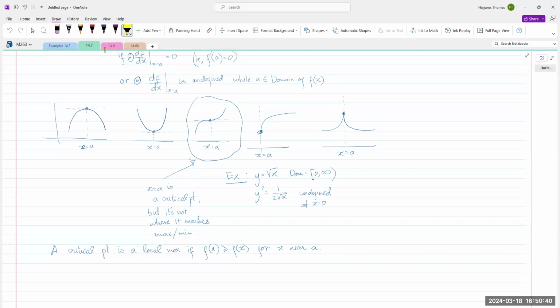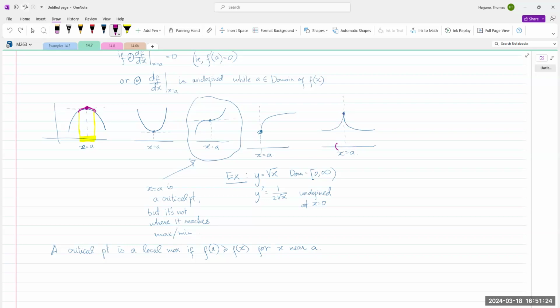What I mean is this: if you pick any x in the surrounding of a, you will see that the y value of those x's is less than f(a). So this is the maximum in this interval, on the top. Likewise here, if you choose any number surrounding a, then x equals a gives us the maximum value, the highest.